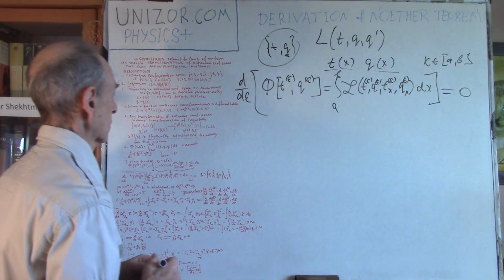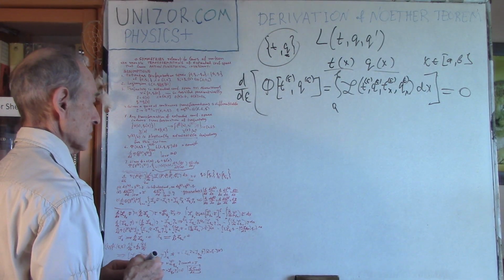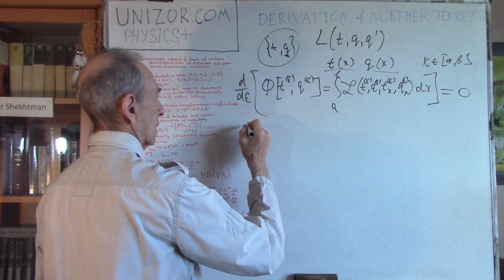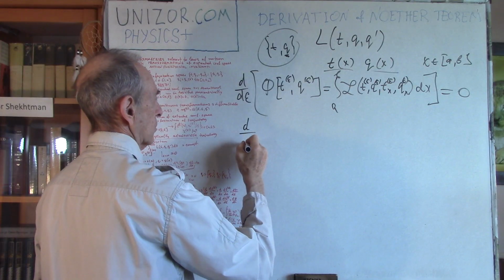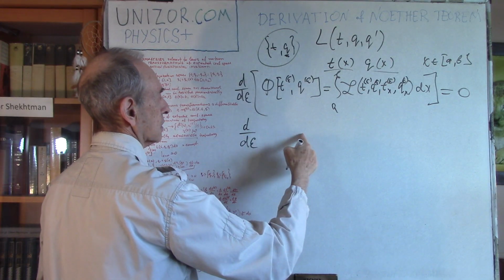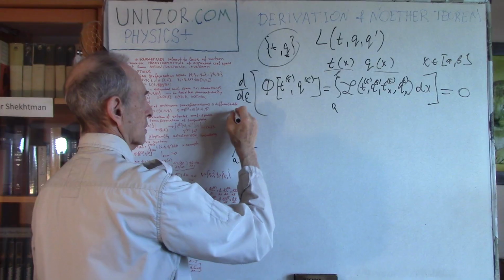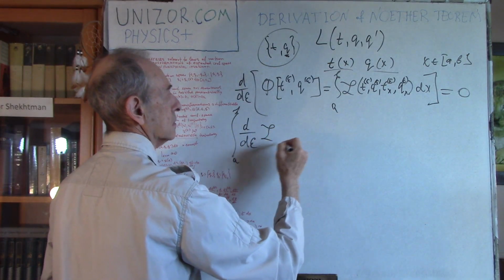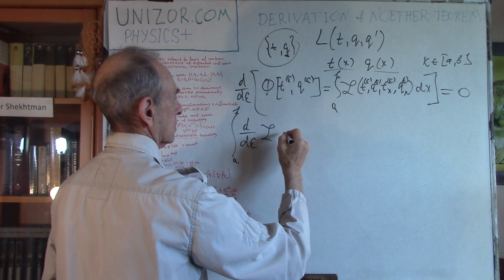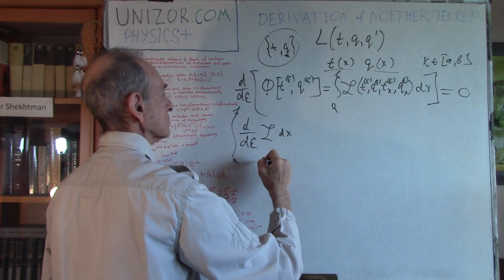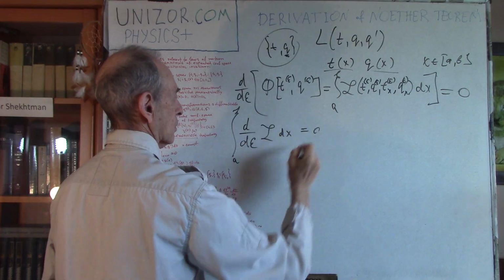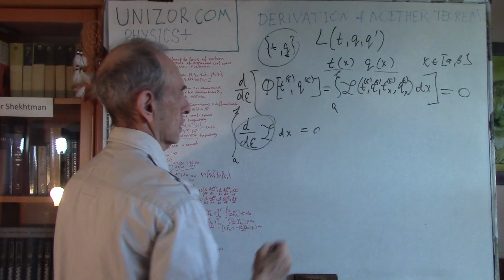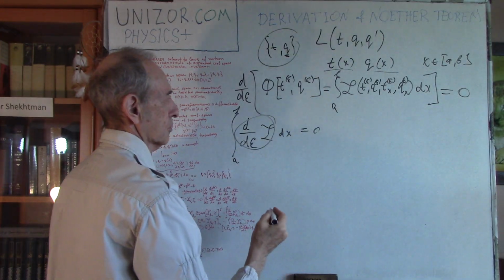Now, what actually should I do? Well, it's really simple. Whenever you do d by d epsilon of an integral, I can put the integral in front and put dL by d epsilon dx equals 0. Now, what is d by d epsilon of a function of many arguments?